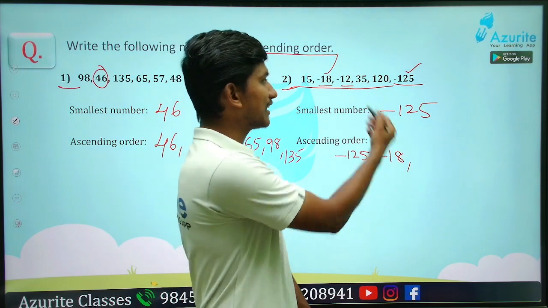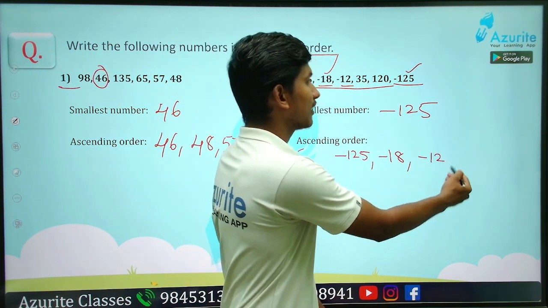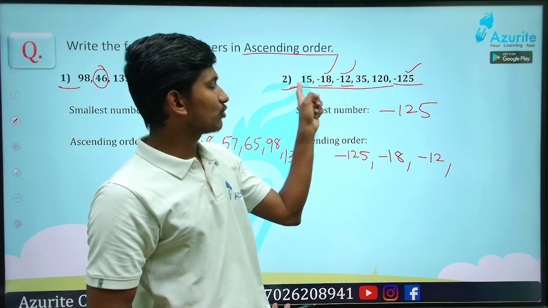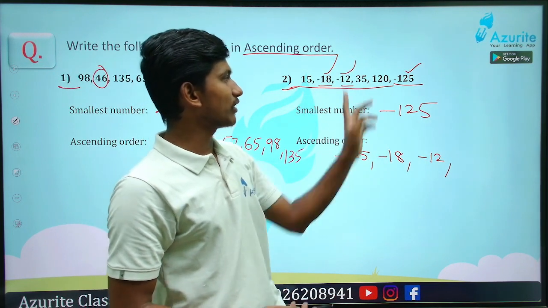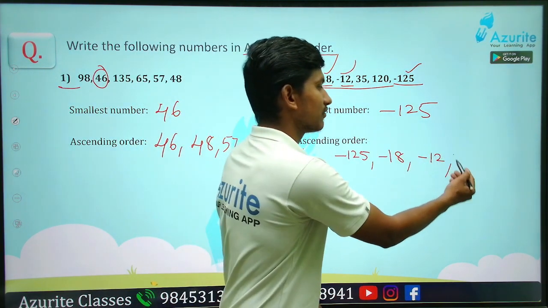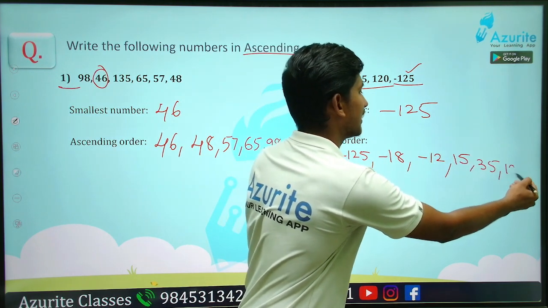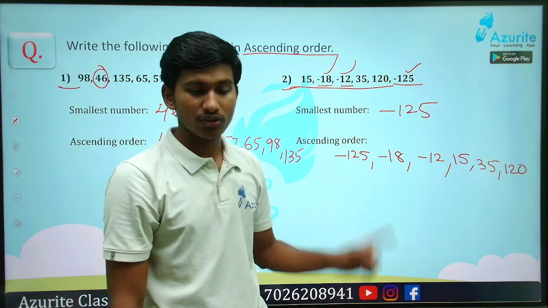So minus 18 first, and after that is minus 12. All the minus numbers are gone now. So remaining is 15, 35, 120. Which is smaller next? 15, after that 35, and then 120. So this will be the ascending order.